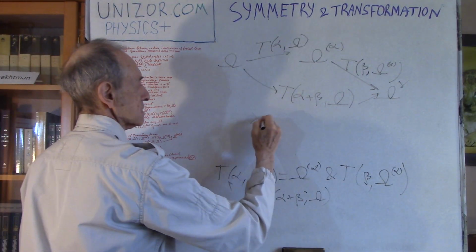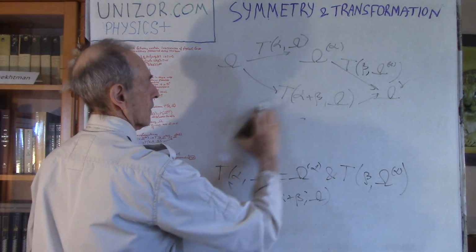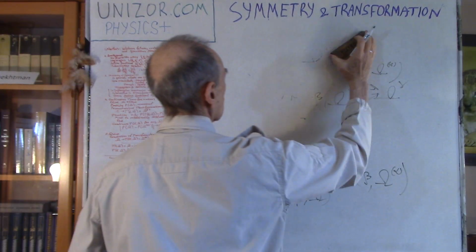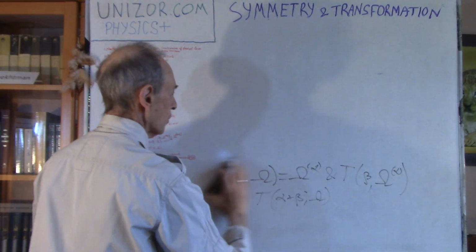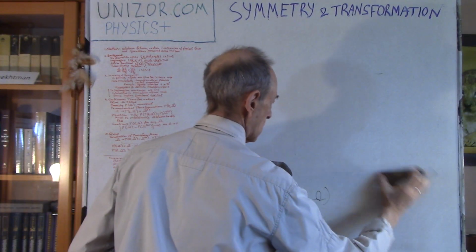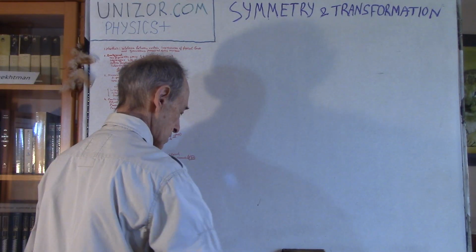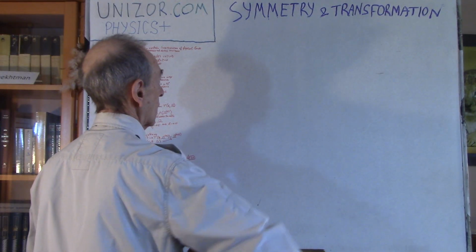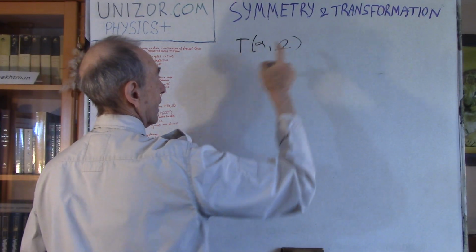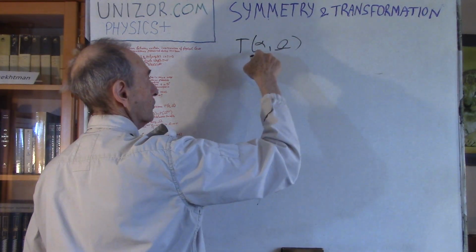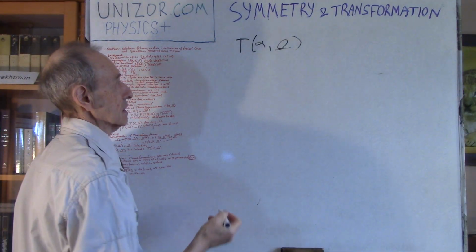So gamma is equal to alpha plus beta, if you wish. So that's my point. So this is a property which makes all the transformations T of alpha omega, for any omega, for any alpha, a group. That's what I would like to say.